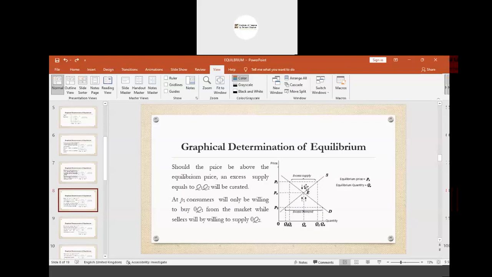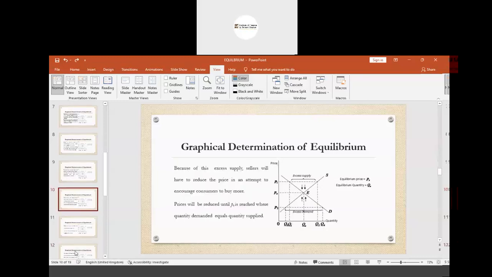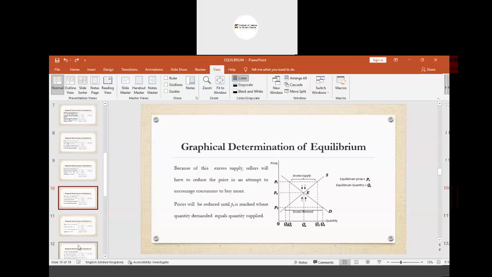To rectify the situation, there will be forces that push prices down until the equilibrium price is reached. Suppliers will want to reduce the price in order to encourage consumers to buy more, and prices will drop until point PE, which is our equilibrium point.